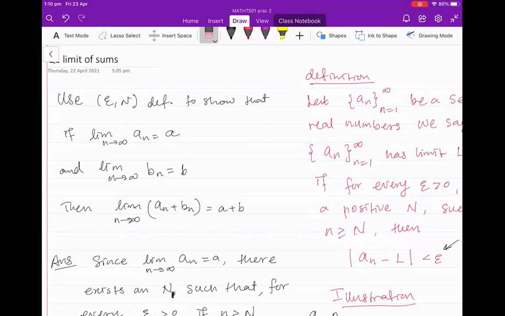Okay, define epsilon. What would be your epsilon? Okay, for any epsilon positive, Kai says we need to define. And what does this mean? How would you write this part?